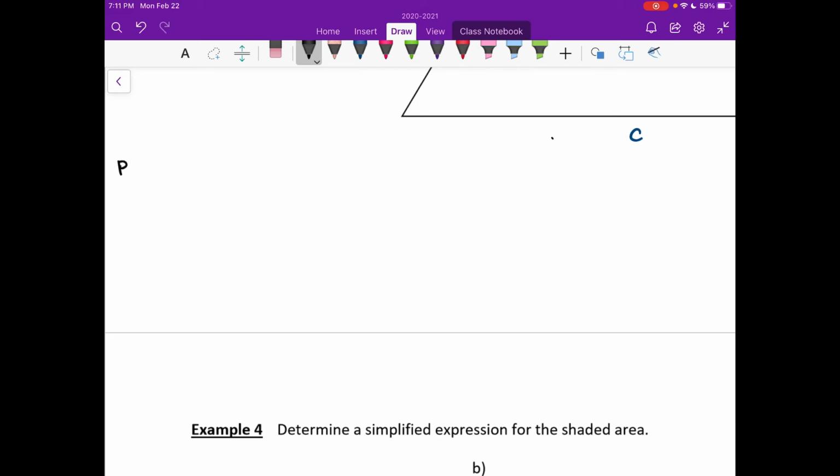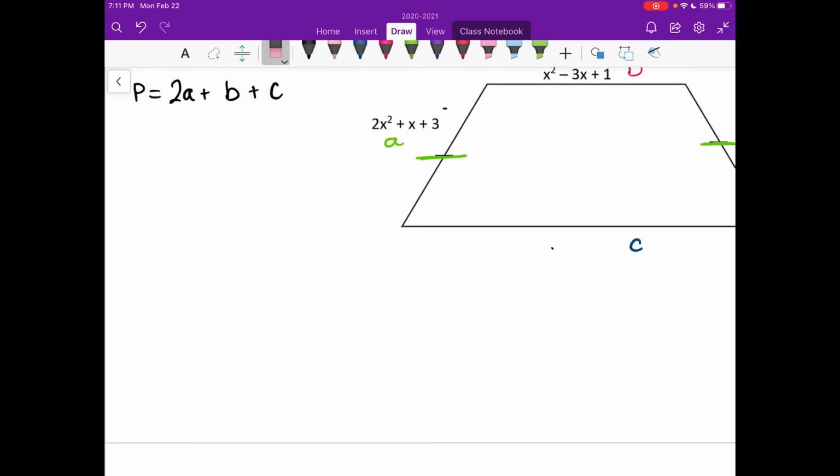So P is equal to 2A plus B plus C. And I want to get that C by itself, so I'm going to subtract 2A on both sides. Minus 2A here, minus 2A here. So I'm left with P minus 2A is equal to B plus C. This 2A canceled each other out.